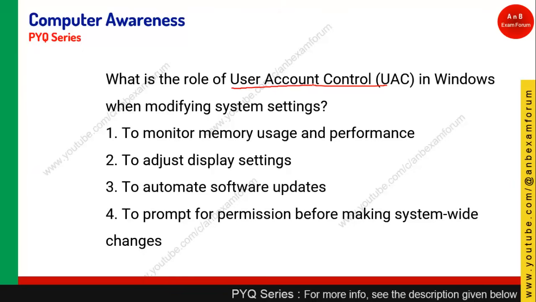To monitor memory usage and performance, no. To adjust display settings, no. To automate software updates, no. So we are left with option 4: to prompt for permission before making system-wide changes. Whenever you are installing something, a pop-up comes which asks for the password, and that is nothing but user account control. If you know the admin password, you can easily install such software.